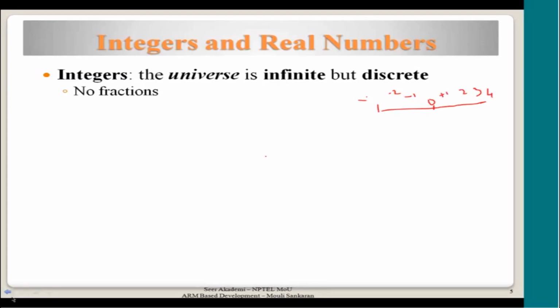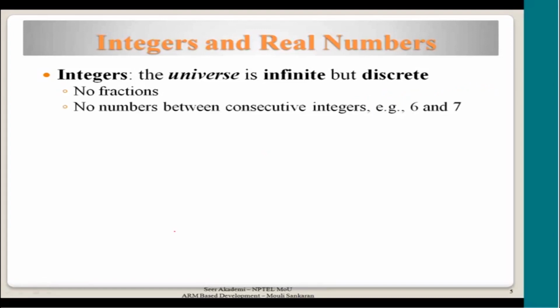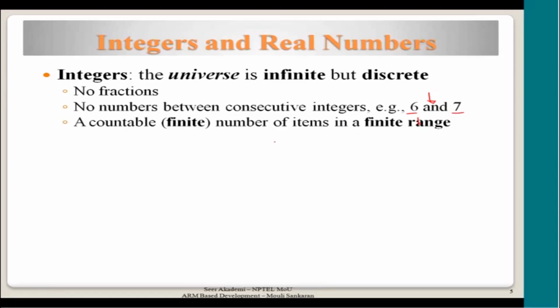Now when you have a number like 6 and 7, is there anything in between? No, you can represent 6 or 7, right? Nothing in between. So they are all discrete numbers. Okay, and it's a countable number, a finite number of items in a finite range. Please remember this, a finite number of items in a finite range is very important.